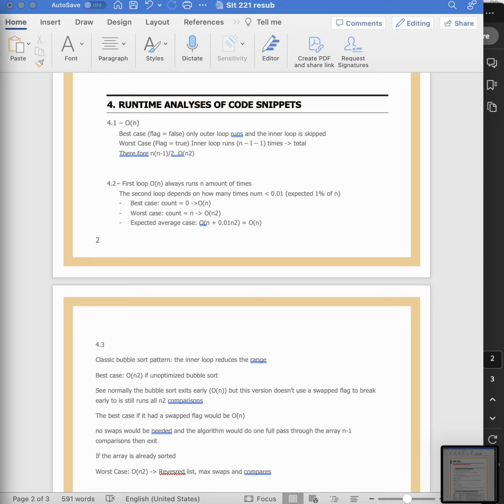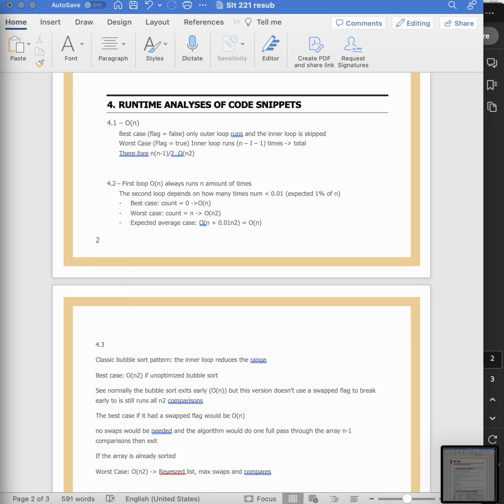That runs n times n minus 1 divided by 2. So big O of n squared. Yeah. So I guess that answers that.